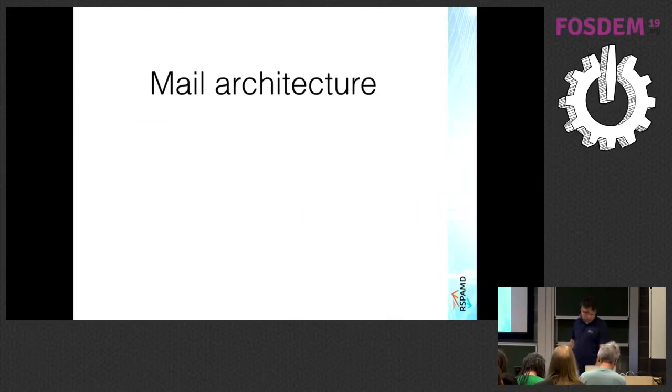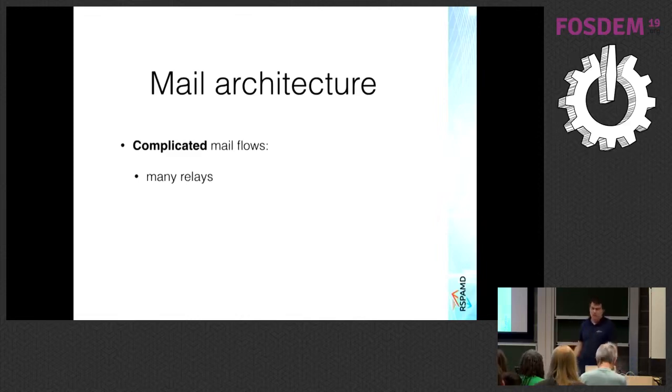So the main problem of the email architecture is that we have very complicated mail flows. There are many relays, many aliases, and lots of users prefer to use something like Gmail instead of local clients, and actually it complicates the situation. Also, email has very non-trivial circuits.